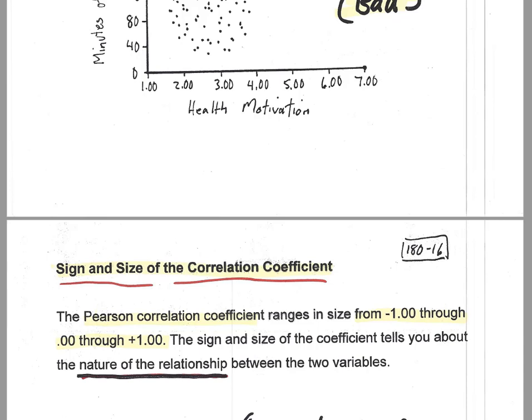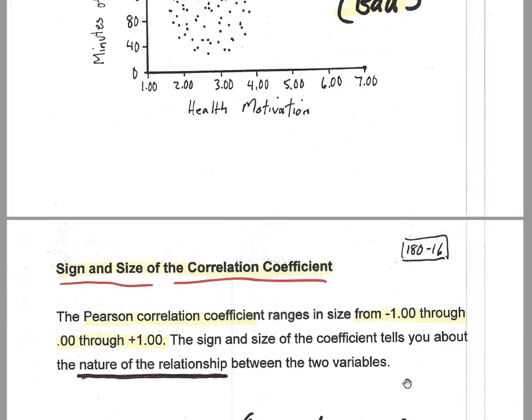Is it a positive correlation, negative correlation? Somebody scores high on X, they probably score high on Y, or do they probably score low on Y? Those kinds of questions. That all comes under the general heading of interpreting the sign and the size of the correlation coefficient. I'm on page 180-16.